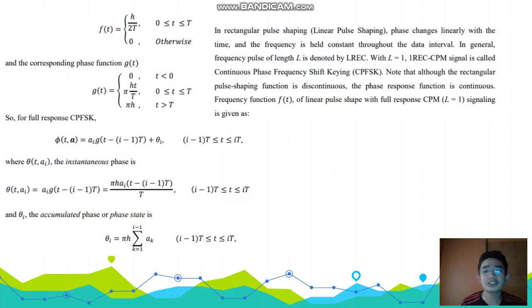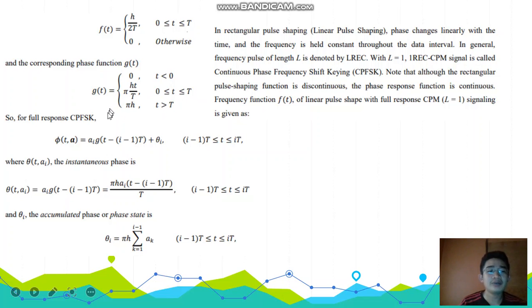The frequency function f(t) of a linear pulse shape with full response CPM signaling is given, for example, by this piecewise function. f(t) equals h over 2T, with respect to 0 less than or equal to t less than or equal to T. This is how it gets.